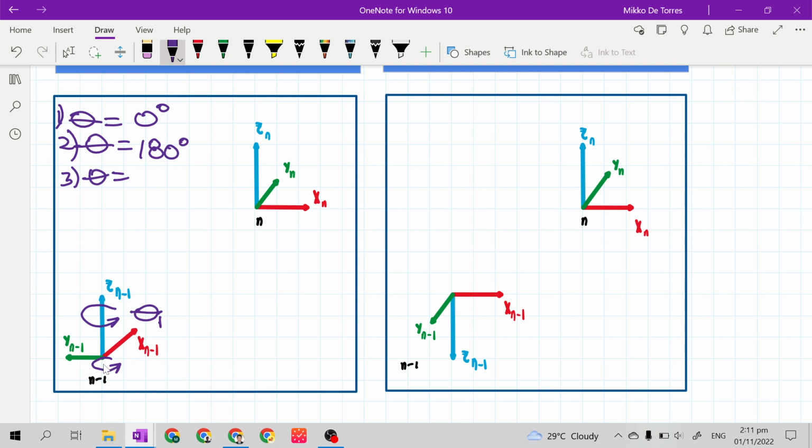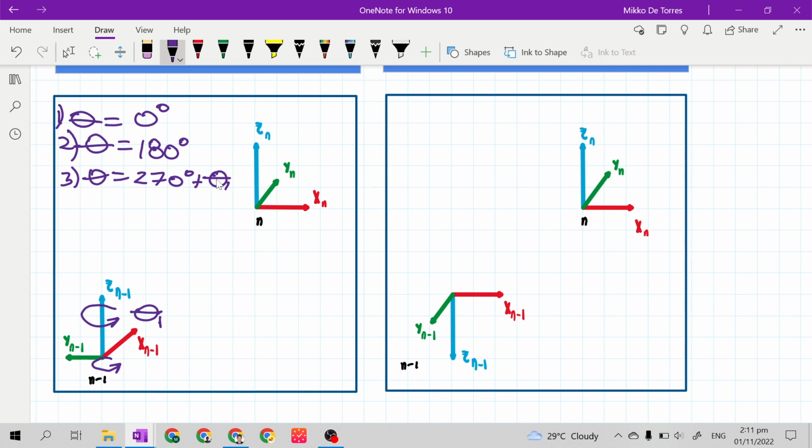Rotating counterclockwise is a positive direction. So this will be 270 degrees plus the given joint variable theta 1. Joint variable theta 1 is different from parameter theta.